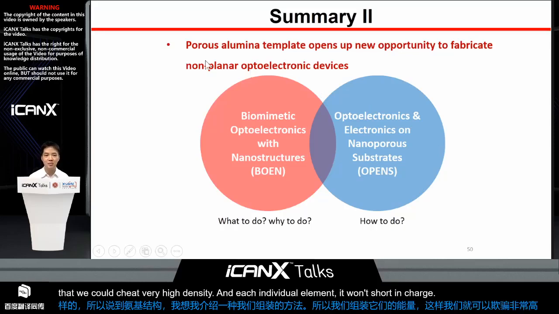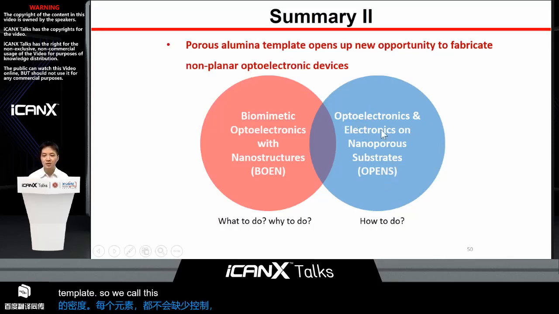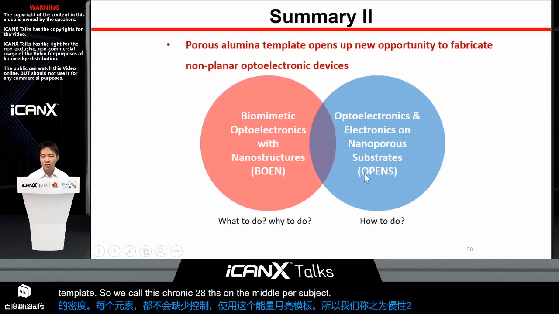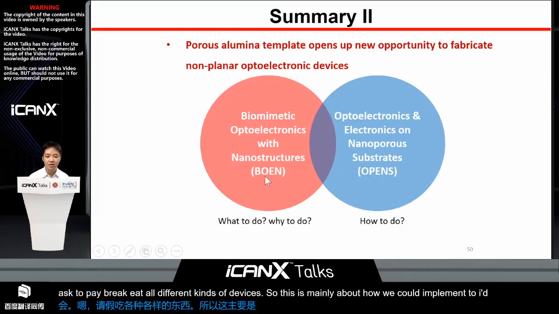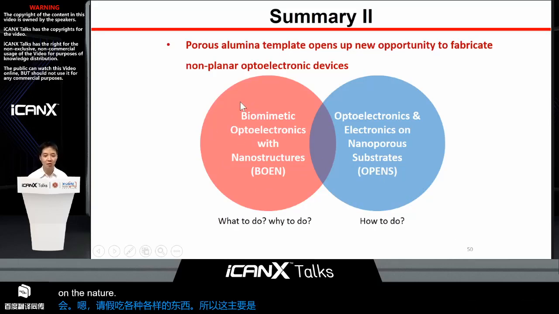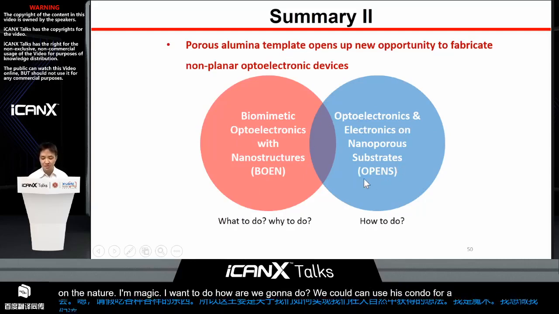So we use this porous alumina template, and we call this optoelectronics on nanoporous substrate. In short, it opens many opportunities for us to fabricate all different kinds of devices. This is mainly about how we can implement the ideas we gain from nature, the biomimetic devices we want to build. We can use this kind of technology to build them.